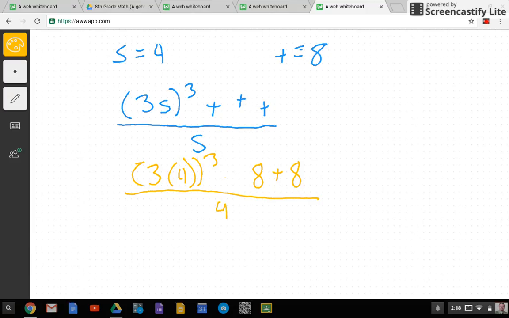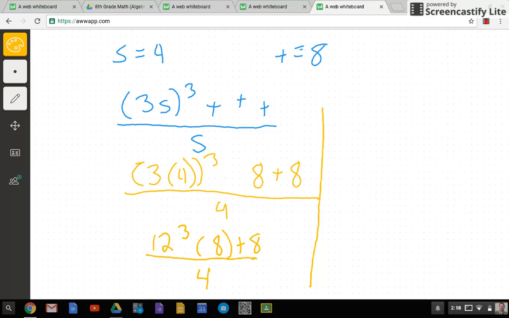So 3 times 4 is 12. So I'm going to have 12 cubed times 8 plus 8, over 4. And I'm going to continue over here. So I'm going to draw a little line to kind of help me separate my stuff.